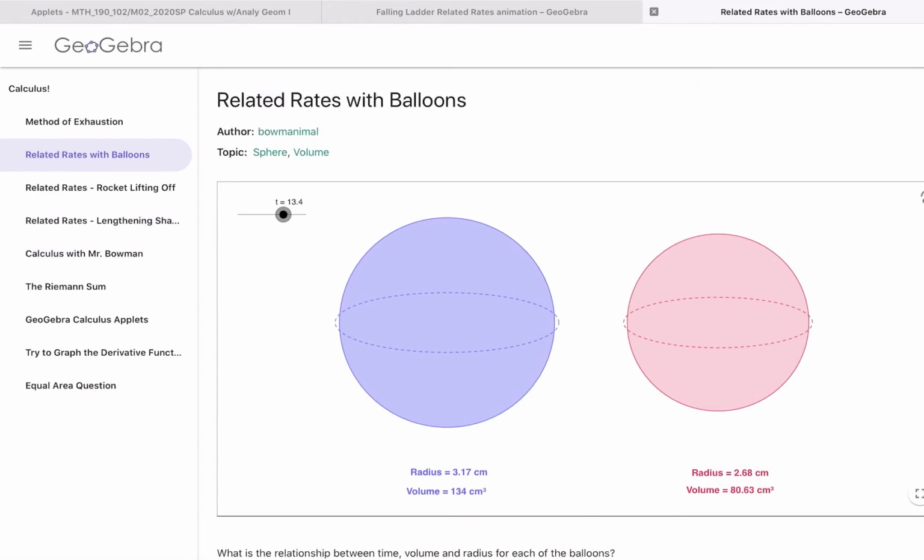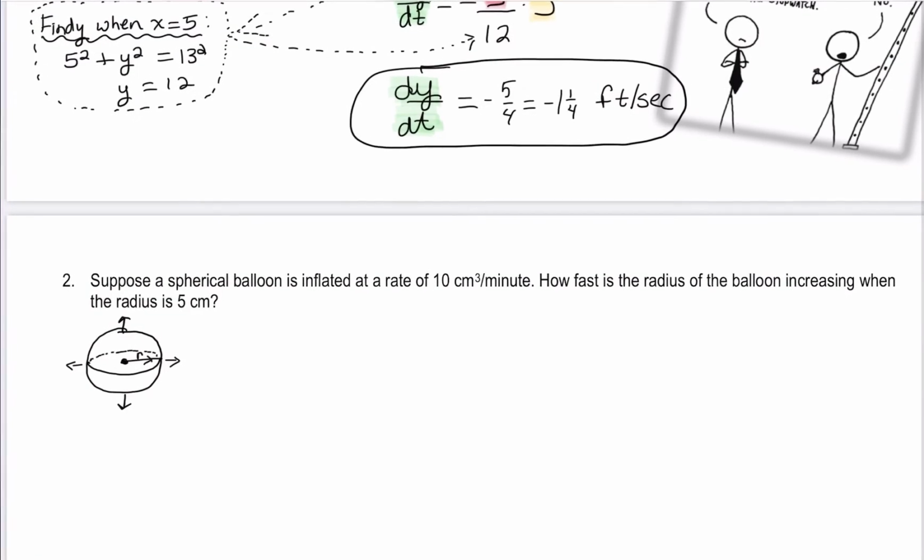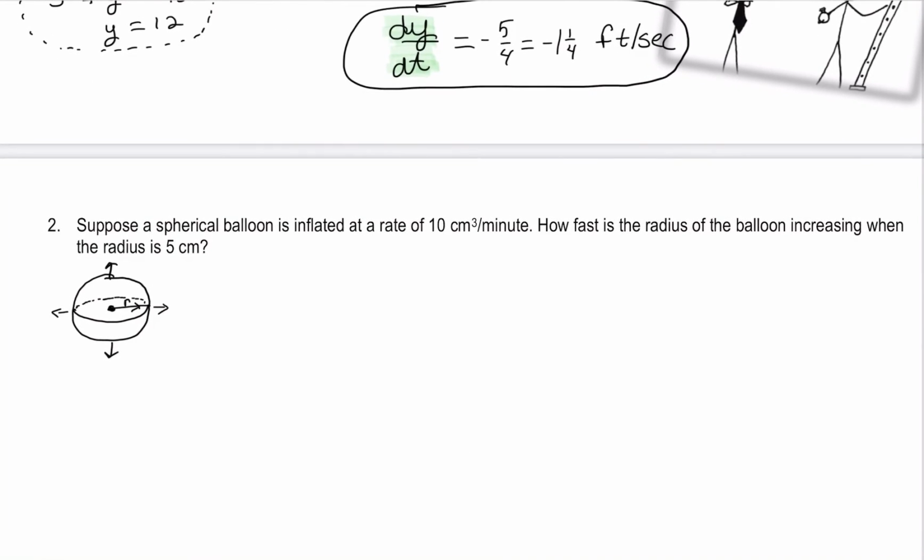All right, so let's go back and take a look at the mechanics of our problem here. We've labeled, well, there's nothing really to label on the picture, but what else do we know here? We know it's being inflated at a rate of 10 cubic centimeters per minute. Well, cubic centimeters, that's volume, so we want to make sure that we're labeling that.